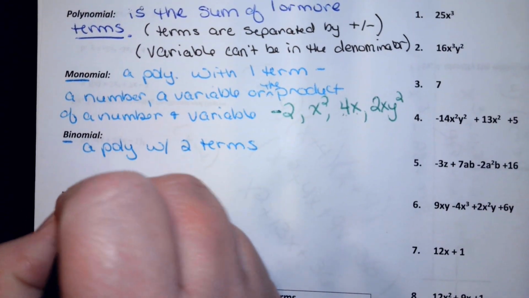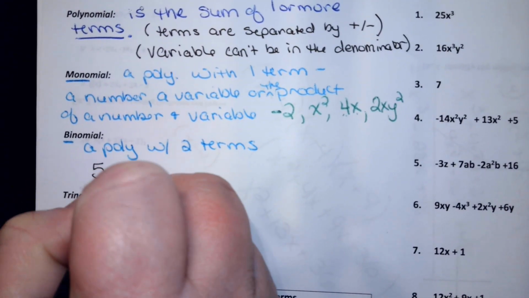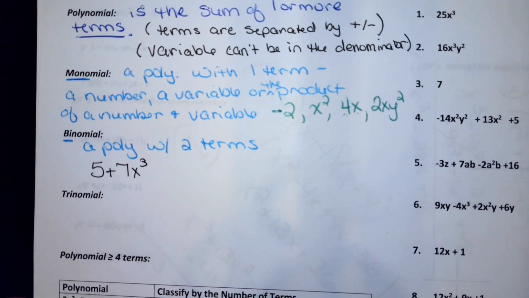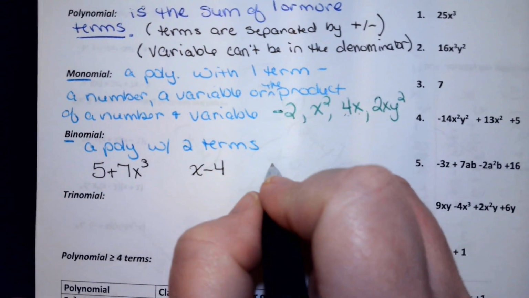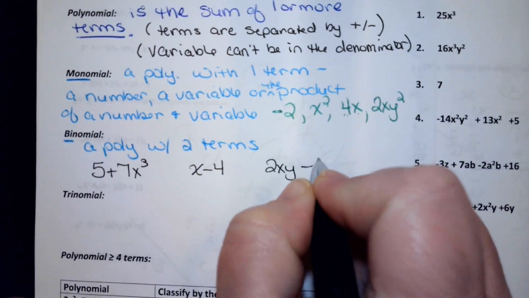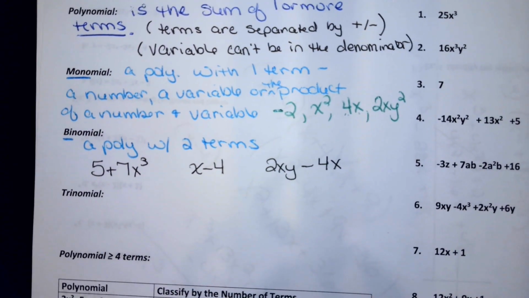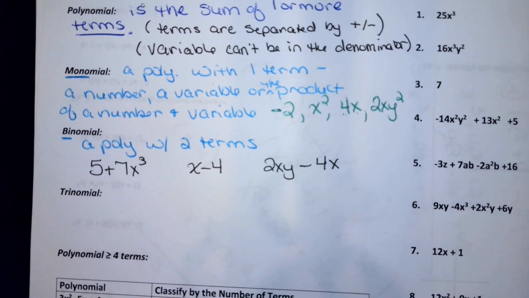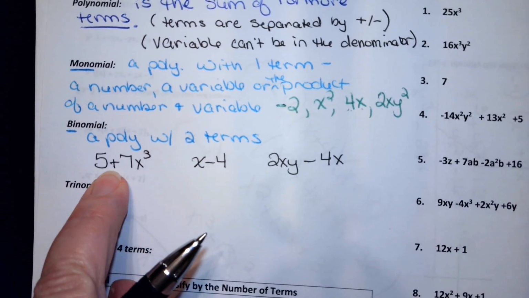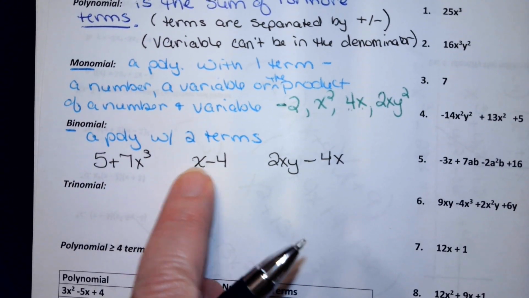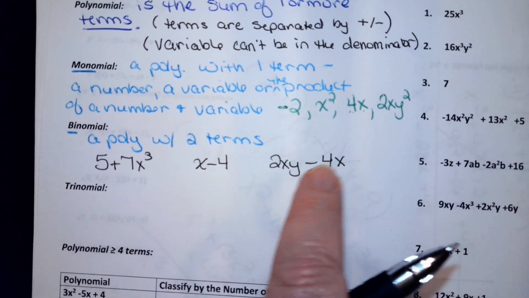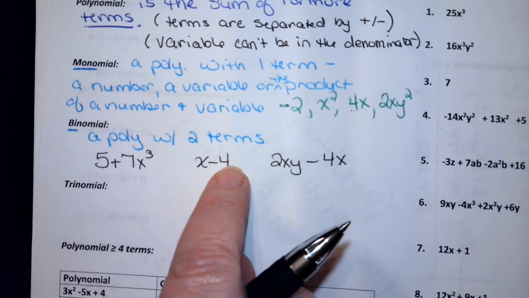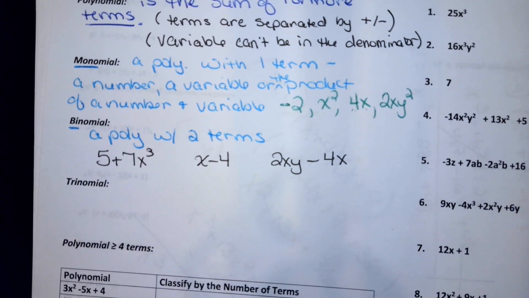It could be something like 5 plus 7x cubed, or it could be something like x minus 4, or even something like 2xy minus 4x. These are all one term here, one term here. They're separated by addition here. One term here, one term here. They're separated by subtraction. So each one of these polynomials had two terms, so they're called a binomial.